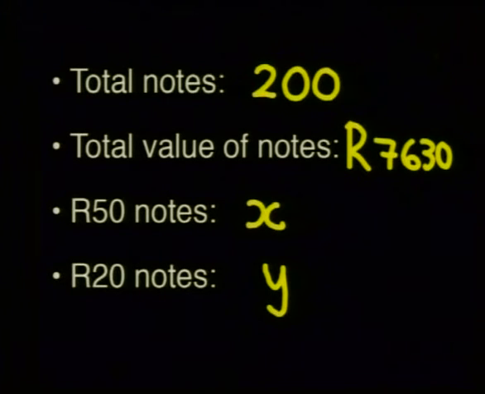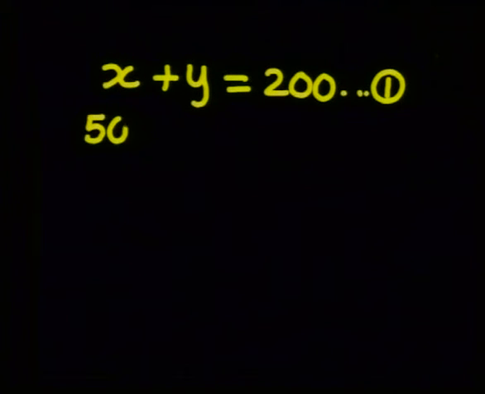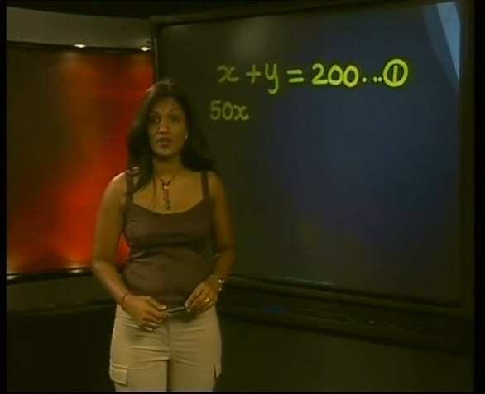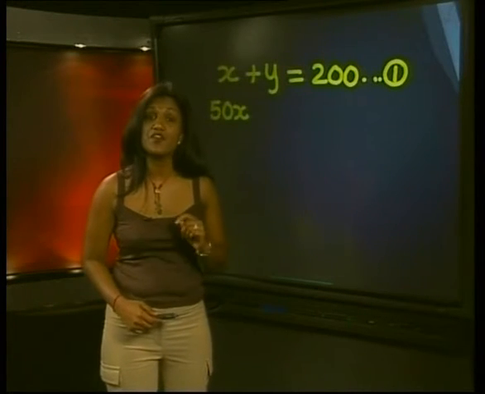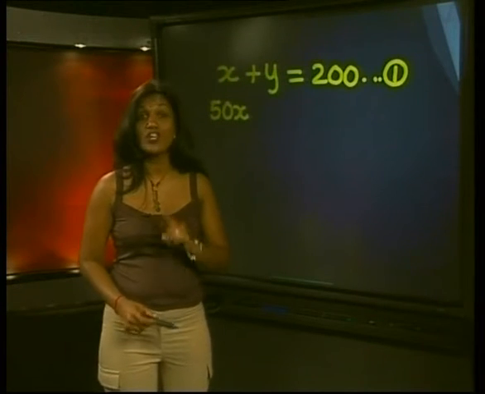This means that we take the number of 50 Rand notes and multiply it by the value of the note, which is 50 in this case. So we have a total value of 50 times X. For the value of all the 20 Rand notes, we multiply the number of notes by the value. So we have Y times 20 or 20Y.